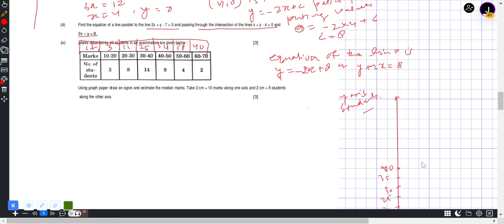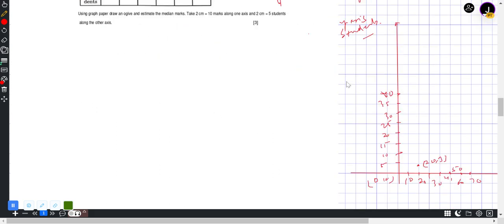Next, 20 to 30 we have 11. We always take cumulative frequency. From 30 we'll draw a line close to 11, somewhere here. So this becomes 30, 11.